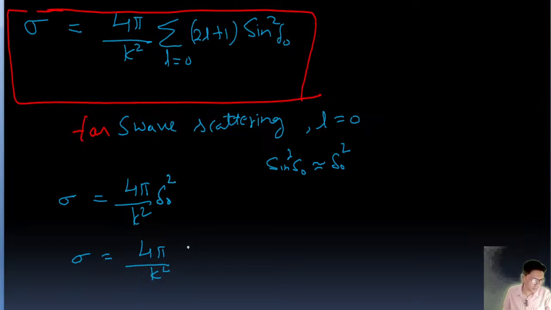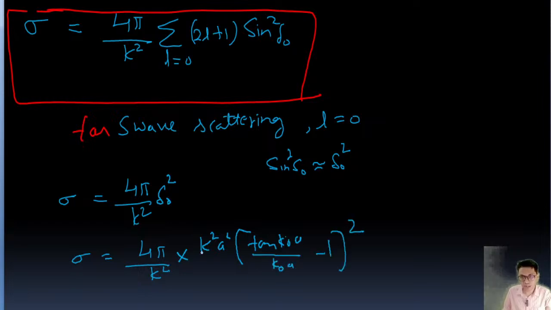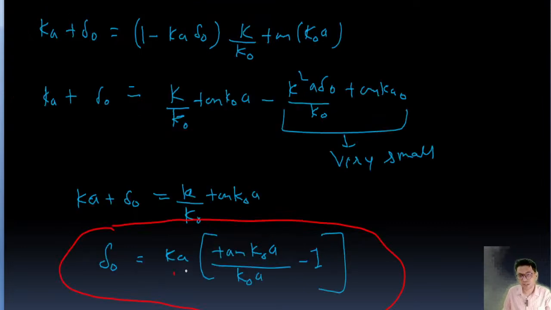So it's 4 pi upon K square into the value of delta square, which is K square A square into tan K naught A upon K naught A minus 1, whole square, right? Because the value of delta is this. So whole square means K square A square and tan K naught A upon K naught A minus 1 whole square.